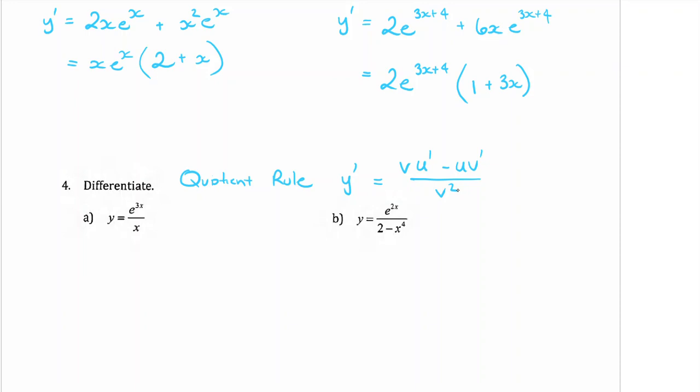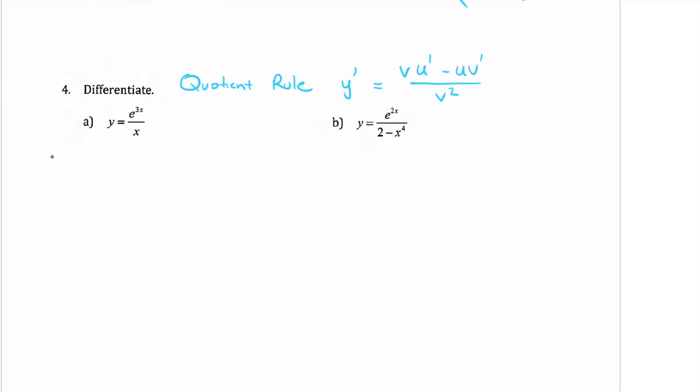So u must always be the top or the bottom? Top. u is the top. So u is e to the 3x. v is x. u dash is 3e to the 3x, and v dash is 1.